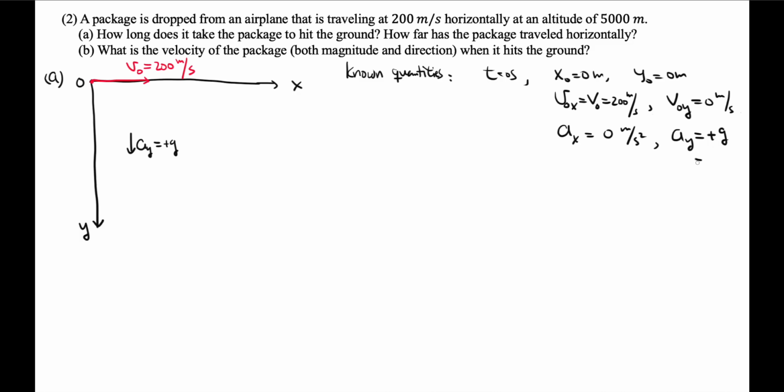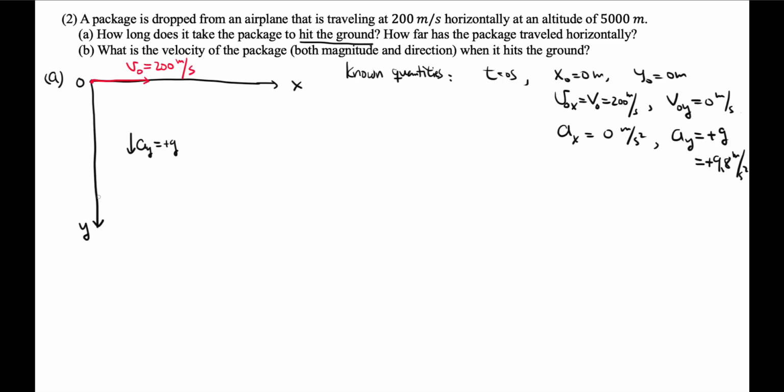And when we do the numerical calculation, we want to put in plus 9.8 meter per square second. Okay, so these are the known quantities, and then we're going to write down two sets of kinematics, one set for x direction, second set for the y direction. And actually, let's do that because I need to figure out the instant the package hit the ground.